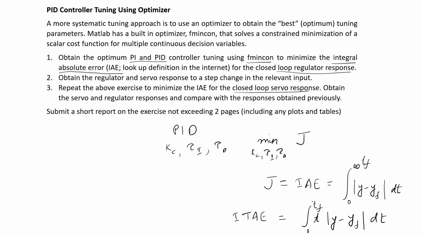So what we will use, in fact, we will use any of these J's and see how the optimizer changes. Integrated square time absolute error. So this is equal to the integral of t square times absolute error.